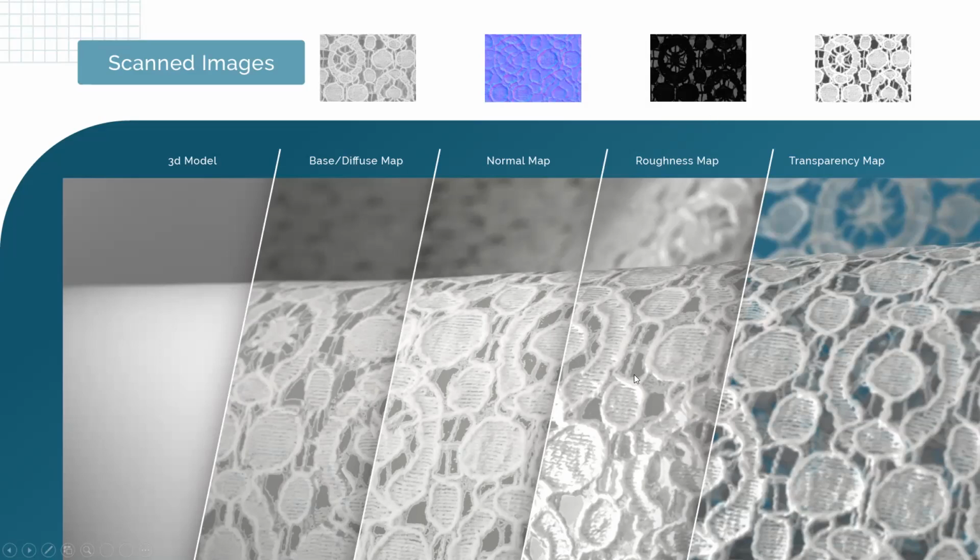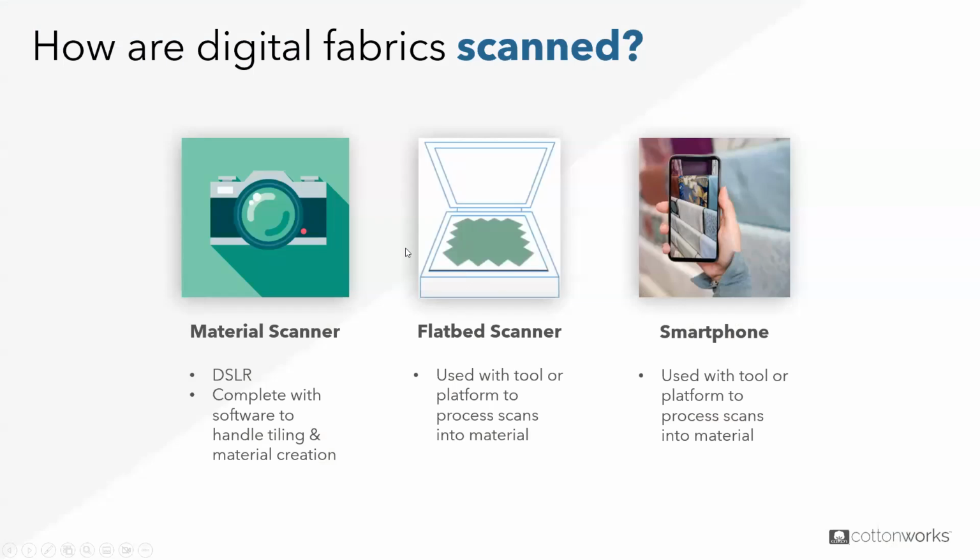And when we add the roughness map of this fabric, we see the shine properties that it has. When we finally add the transparency map, we can see that this fabric is actually a lace, and it has areas that are holes. So when you have a complete texture stack, you can really represent all the characteristics of that fabric in a digital environment.